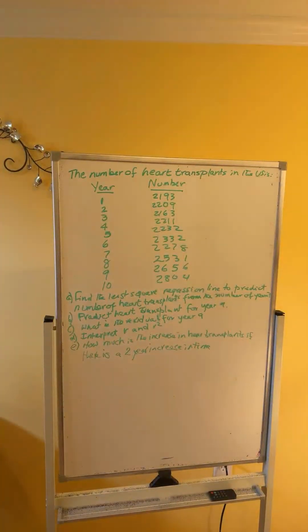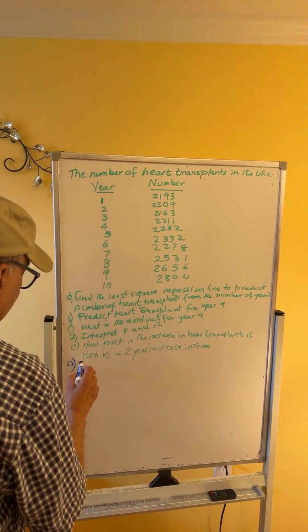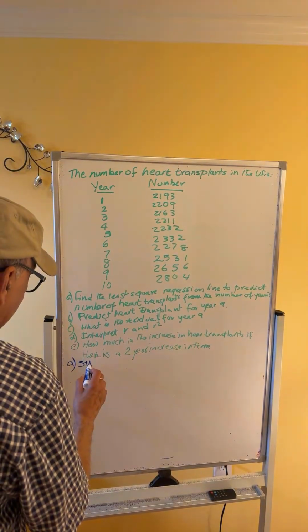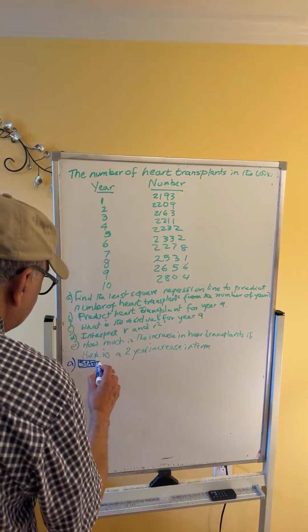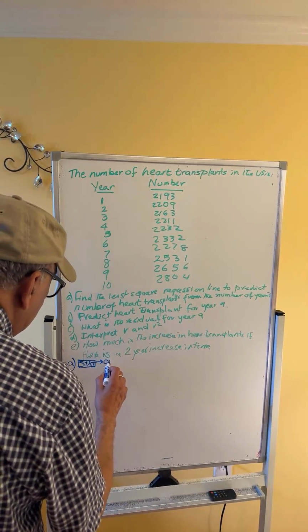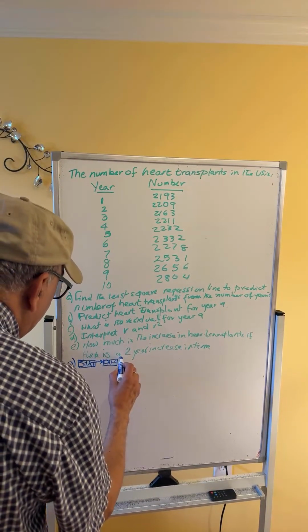Now I am ready to find the least square regression line. Remember, it will be an equation of Y, which is the dependent variable, which depends on X. To get the least square regression line, I will press the stat button, then highlight CALC on the top row, then press number 4.